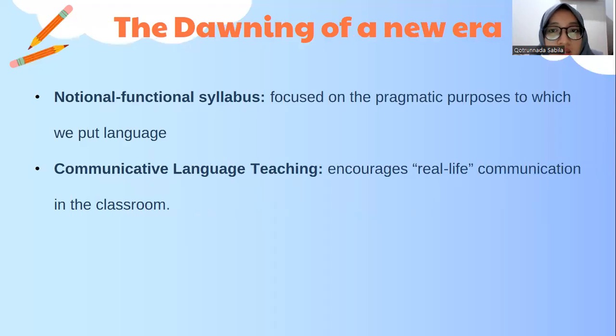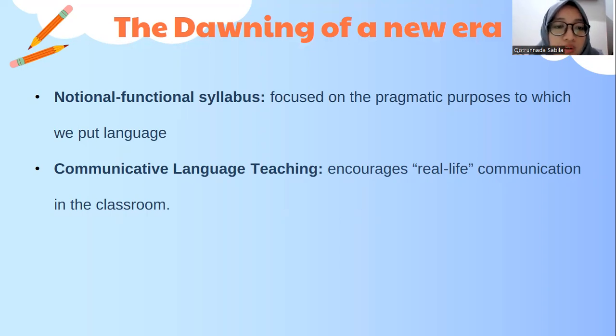And then the dawning of a new era. The methods in the dawning of a new era include the notional-functional syllabus. The notional-functional syllabus focuses on the pragmatic purposes to which we put language. Notions, according to Van Ek and Alexander 1975, are both general and specific.